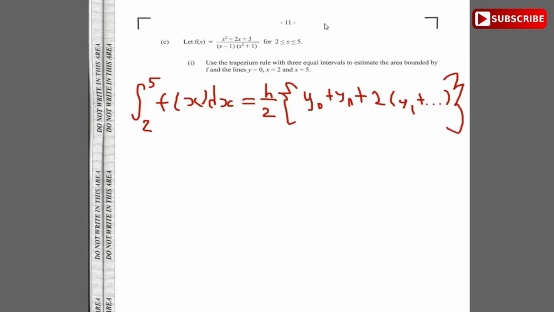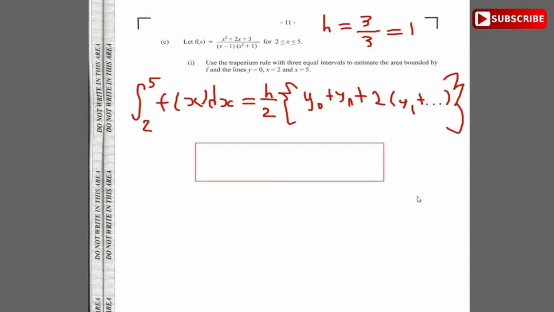What I like to do first is, of course, work out h. H is going to be b minus a, which is 5 minus 2, which is 3, over n. N is 3, so h is 3 over 3, which is 1. So next thing I like to do is create my table.